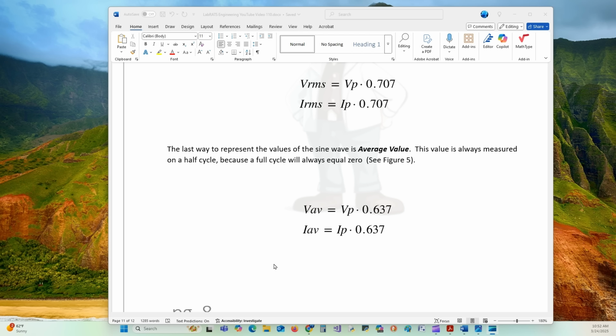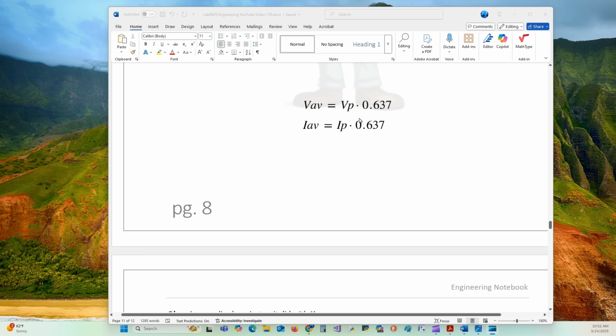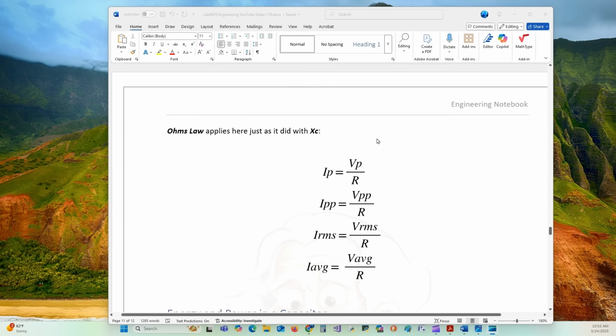Remember, it doesn't dissipate energy, so it doesn't retain the energy when it goes in the opposite direction. So V average equals VP times 0.637, and I average equals IP times 0.637.